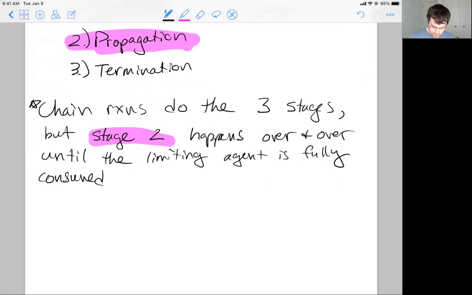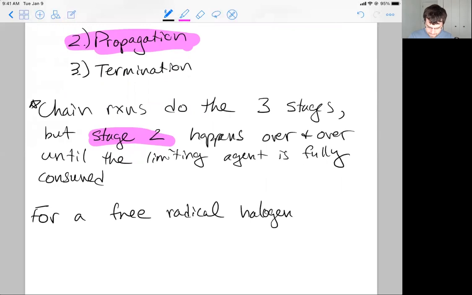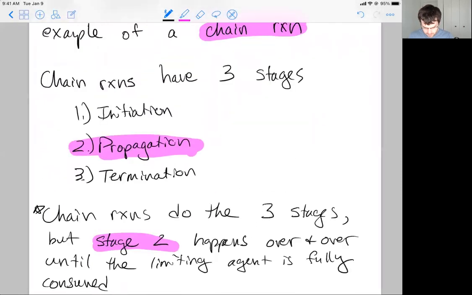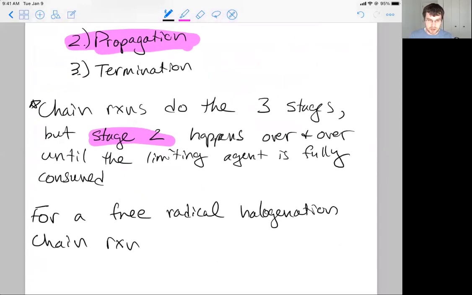For a free radical halogenation chain reaction, in step 1, which is initiation, we're going to have some starting material and generate some intermediates.